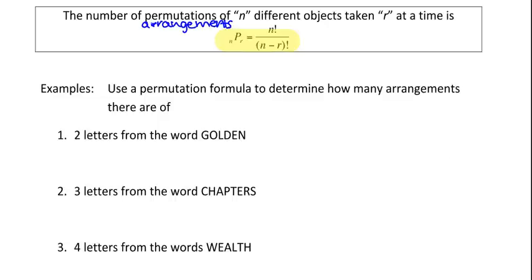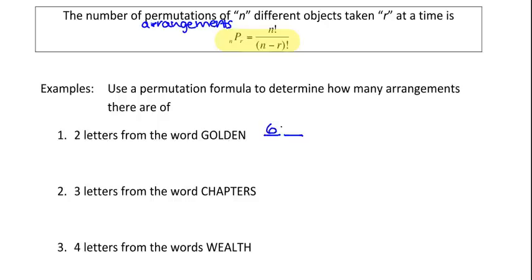We're going to practice with the permutation formula to see how many arrangements there are of 2 letters from the word golden. First I'm going to solve this the way that we would have a couple days ago. If we want 2-letter words, and golden has 1, 2, 3, 4, 5, 6 letters, 6 could go on the first spot.